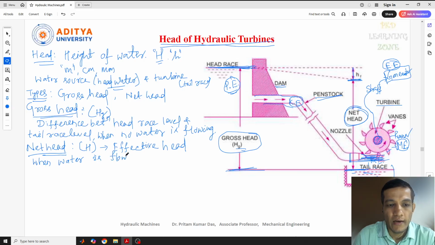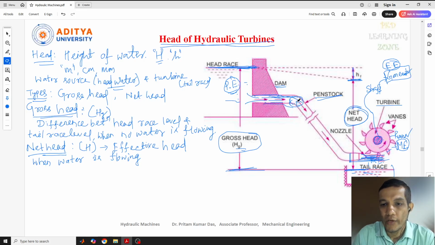And we know that in fluid flow conditions there will be some losses. When the water flows from the headrest to the turbine through a pipe, there is some loss of energy, which is called loss of head.